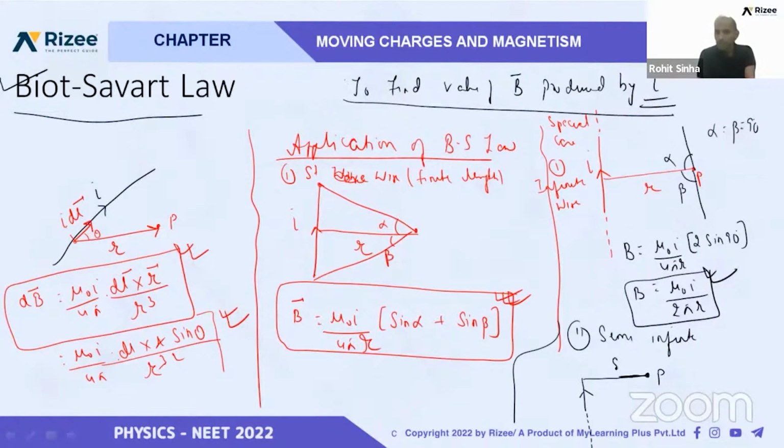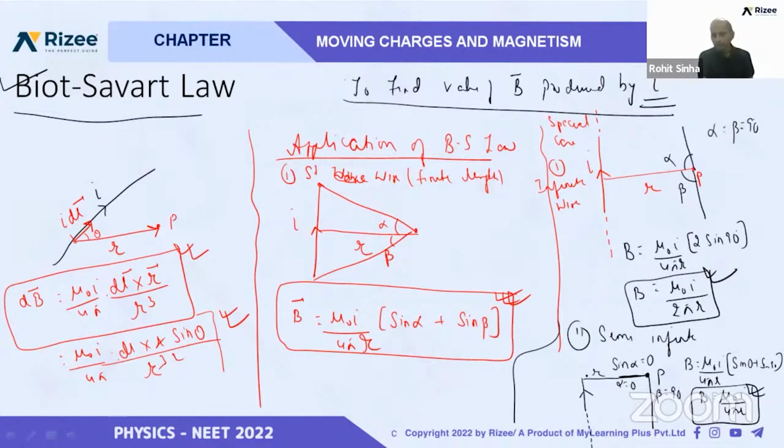So here sine alpha will be 0, that is, alpha will be 0 degrees, and beta will be 90 degrees. Putting all those values, B is equal to mu naught I by 4 pi r into sine 0 degrees plus sine 90 degrees, so B is equal to mu naught I by 4 pi r. This is the formula of magnetic field for a semi-infinite wire.